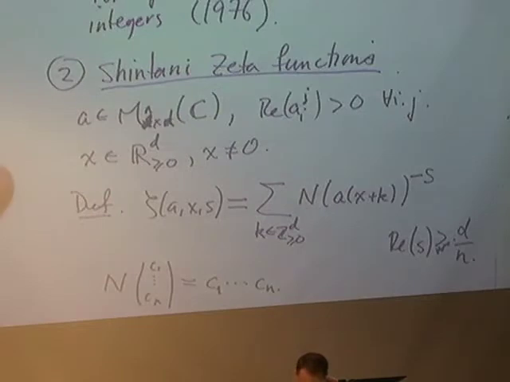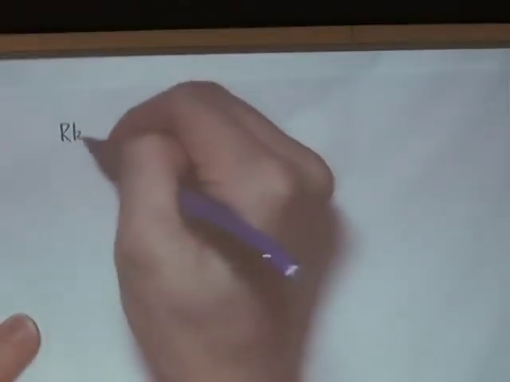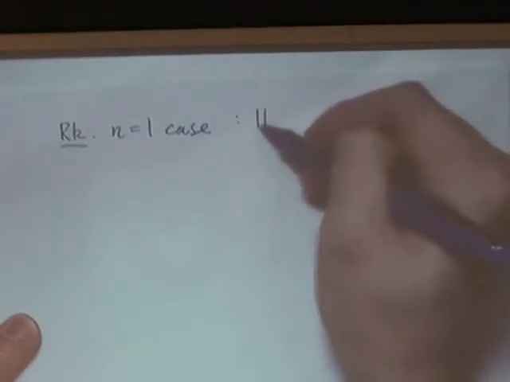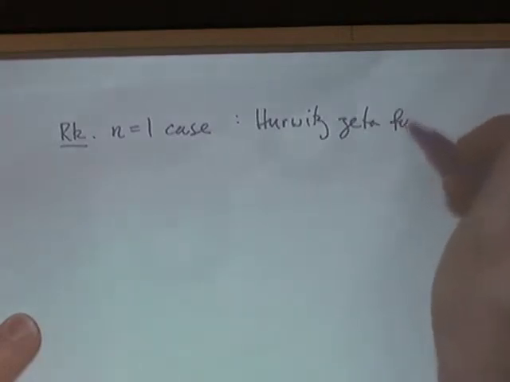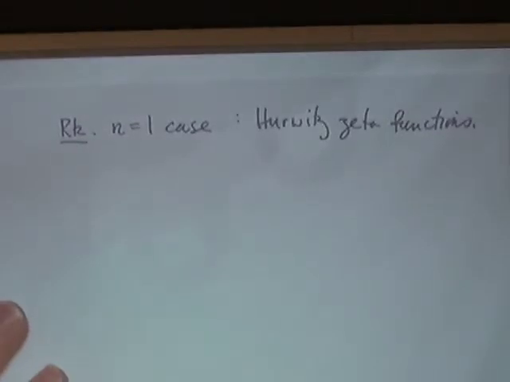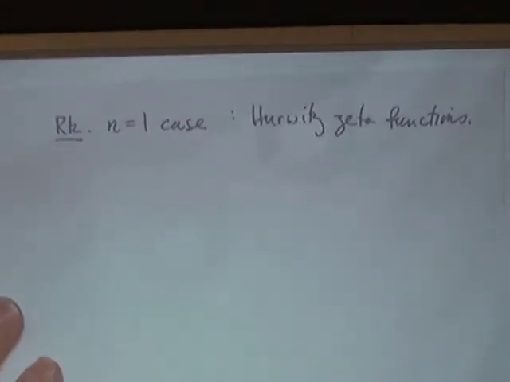Okay, and I should remark on the next page, perhaps. The n equals 1 case of this construction is just the Hurwitz zeta functions, more or less. So in proving analytic continuation of Shintani zeta functions, we recover well-known facts about Hurwitz zeta functions.